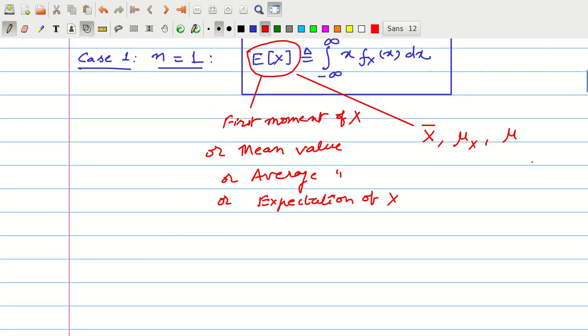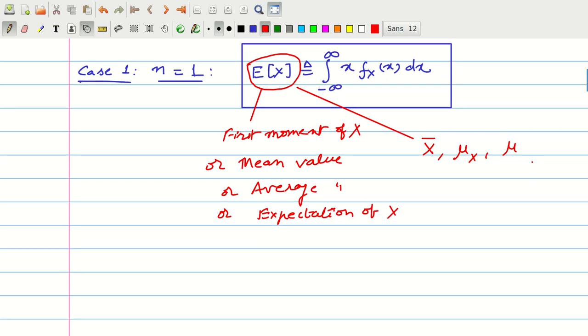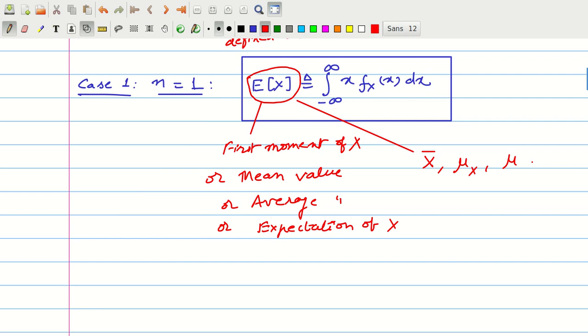All these notations are used interchangeably while describing the expectation or the first moment of X.